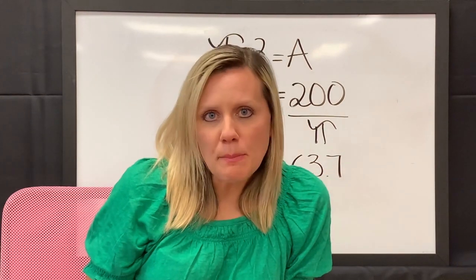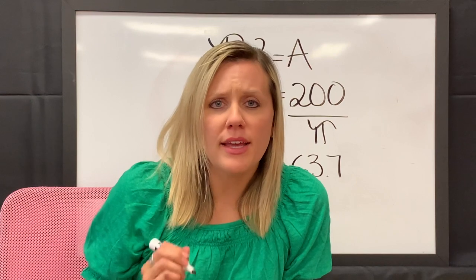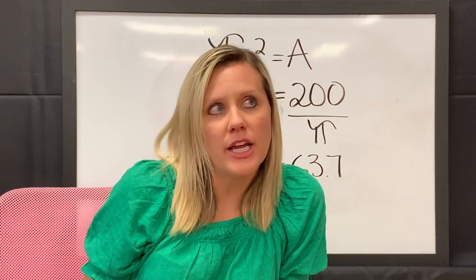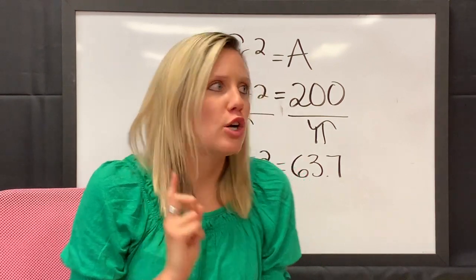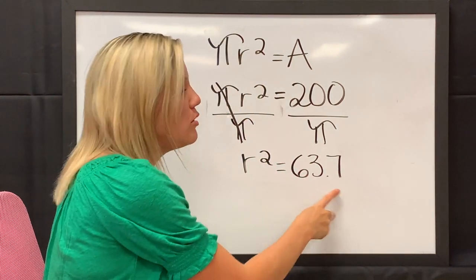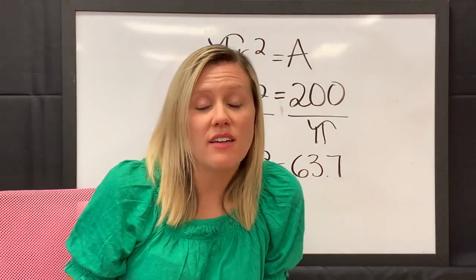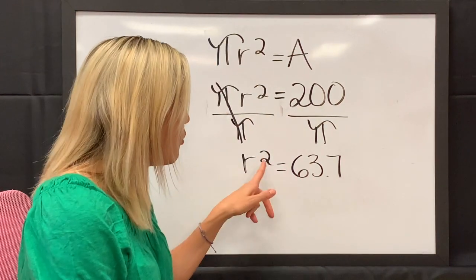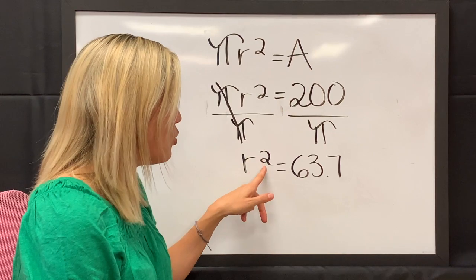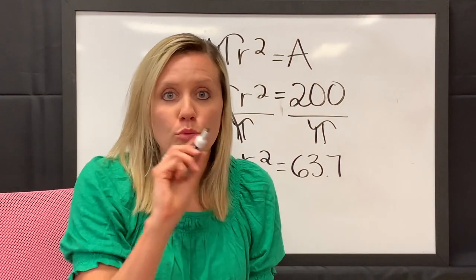Now, I bet my answer is going to be really close to 8 because I know 8 times 8 is 64. So it's got to be really close to that because 63.7 is really close to 64.